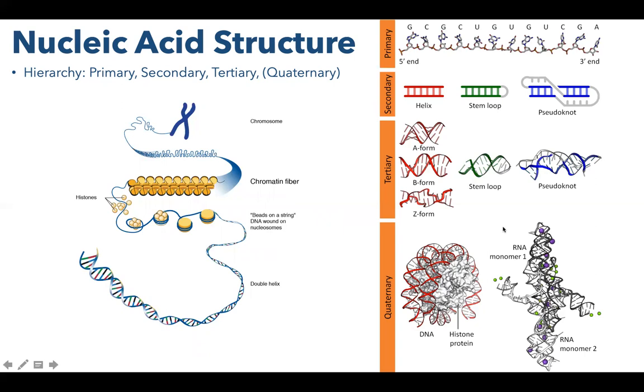In the case of your RNA molecules, one RNA molecule can interact with another RNA molecule, and they can also create the structures that we have learned so far, such as the hairpin loop or the stem loop, pseudoknots, the bulges, the junction, and so on. So these are the levels of hierarchy in nucleic acid structure.